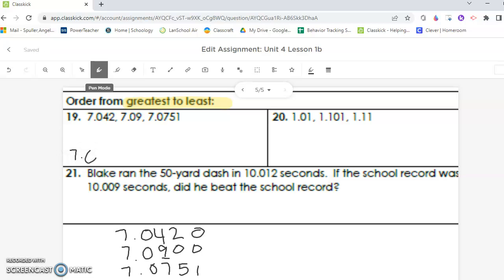So 7.09 goes first. Now, the smallest one would be the one with the 4, so I'm going to put 7.042 last, which then leaves me with 7.0751 in the middle.